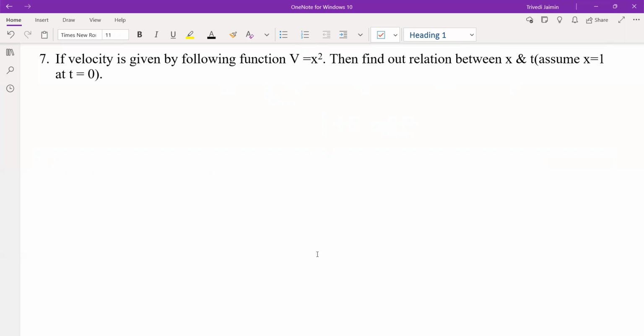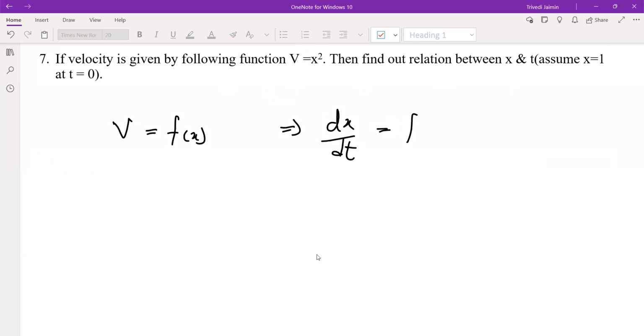For functions, I'll give you a small formula. v equals f of x, which equals dx by dt equals function of x. That means integration of dx by function of x equals dt, for finding the relation between x and t. One thing clear? Yes, sir.